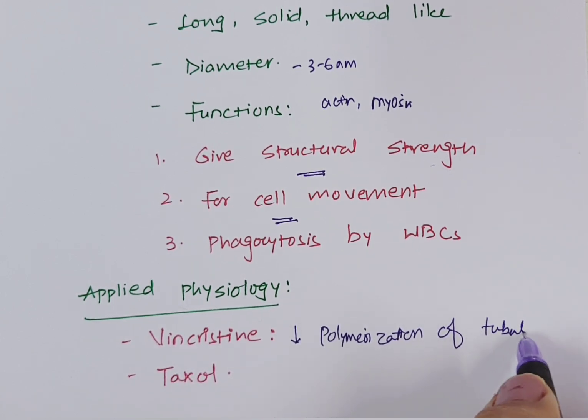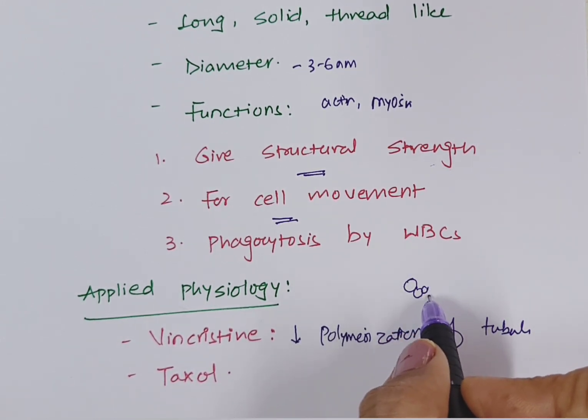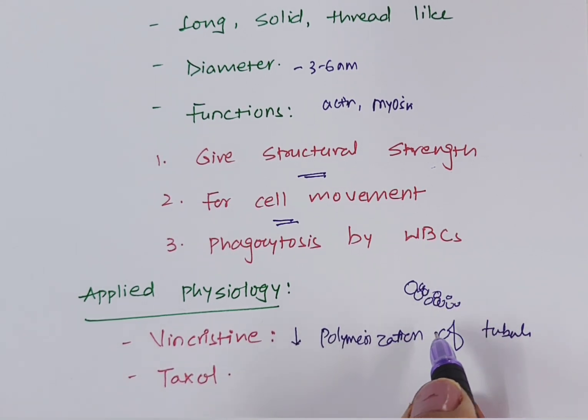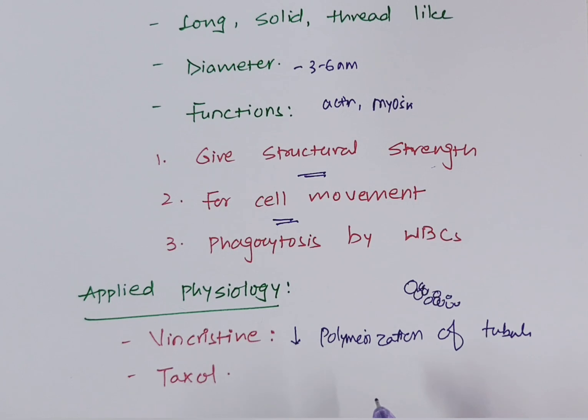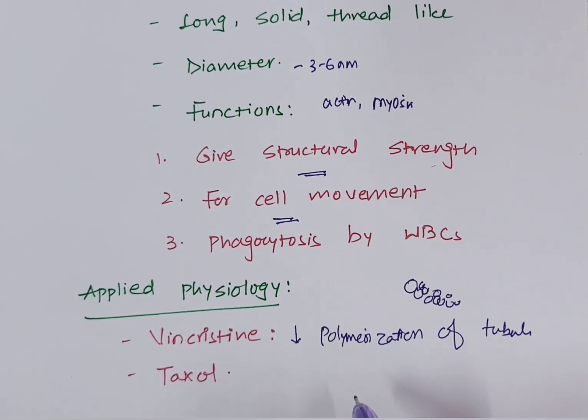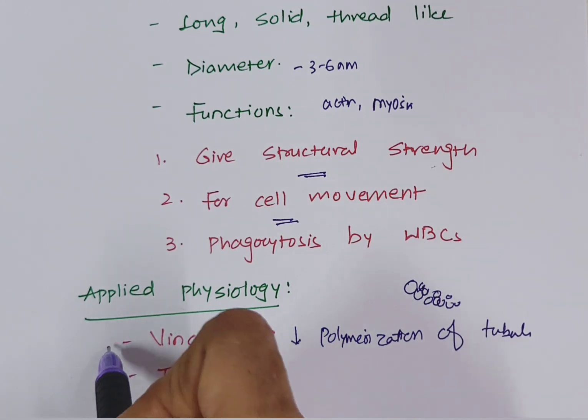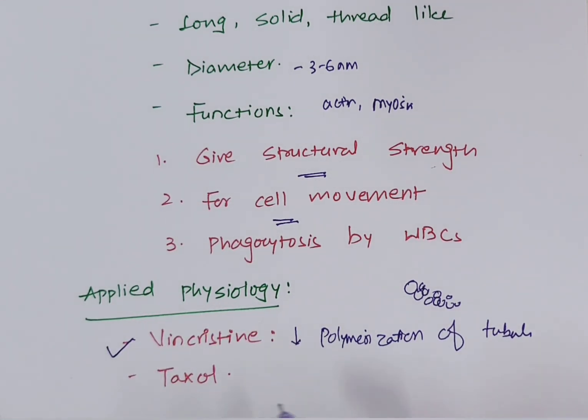As we have discussed, assembly and removal of the tubulin dimer changes the length. So if polymerization is reduced, there is no or decreased formation of microtubules, and if microtubules are not there, there is no spindle formation, no chromosomal division, and no cell division is possible. So this is the action of the anti-cancer drug vincristine.